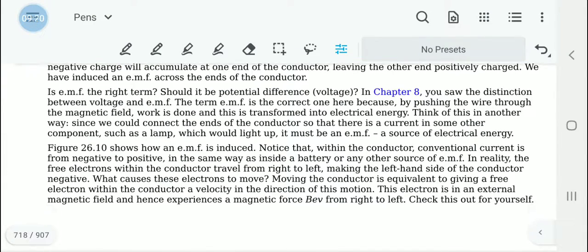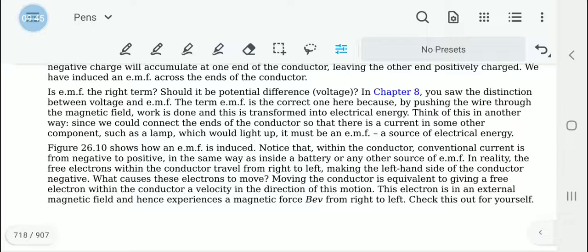Now how this is explained is, the conventional current is from negative to positive, because within this conductor, the conventional current is from negative to positive, just like inside a battery or any form of EMF.